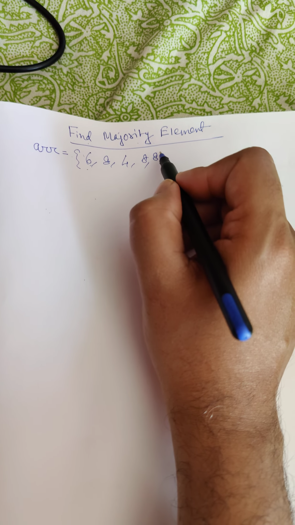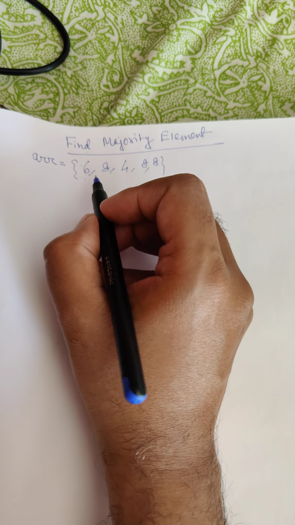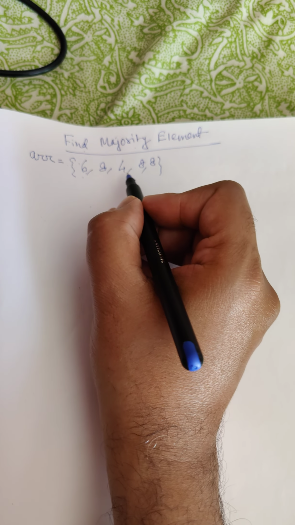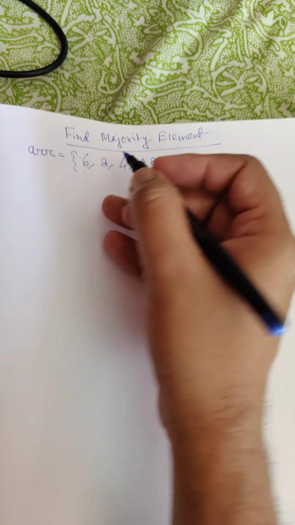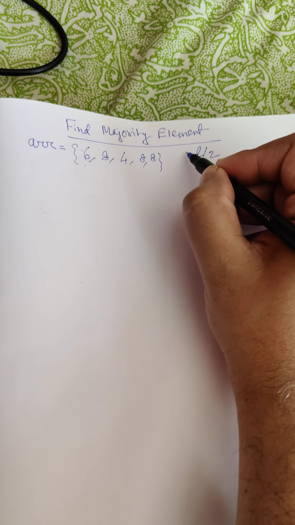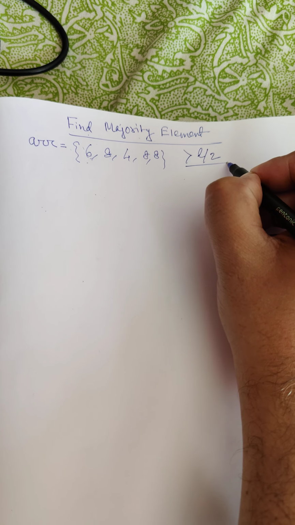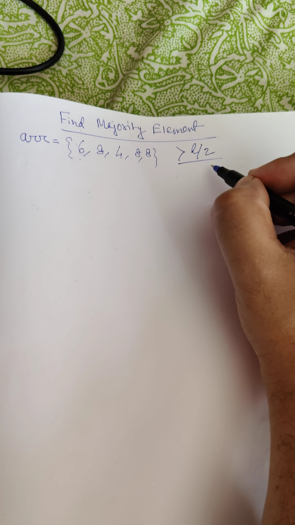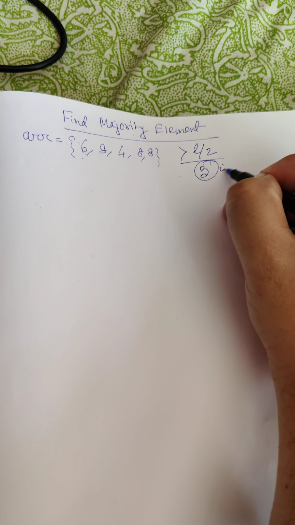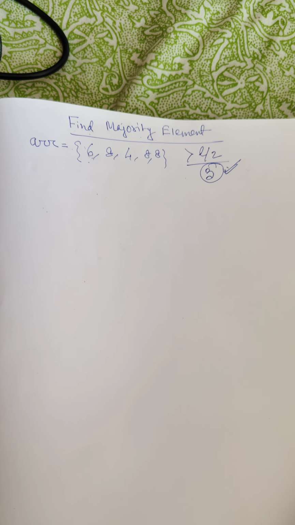The total length of the array is 5. Now if any element occurs more than L by 2, that means here it could be 3, then that element will be considered as the majority element.